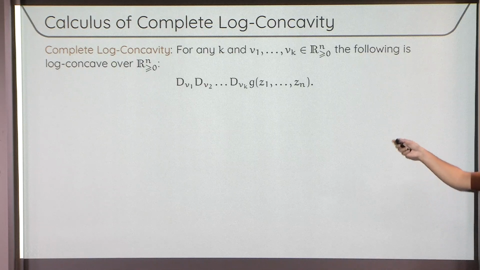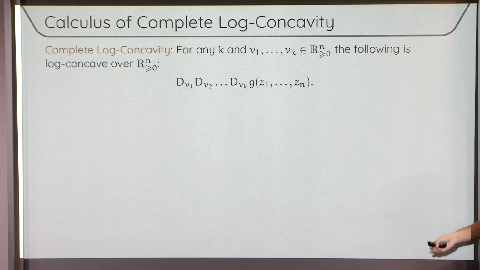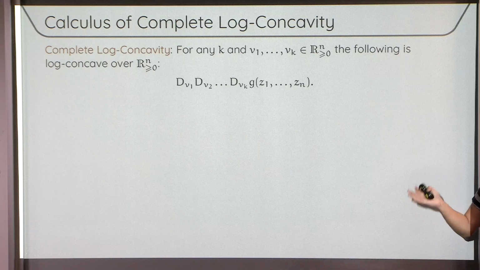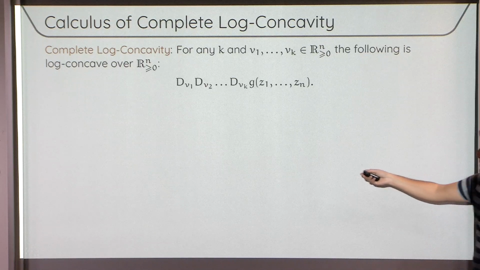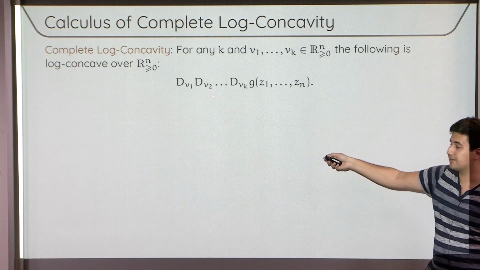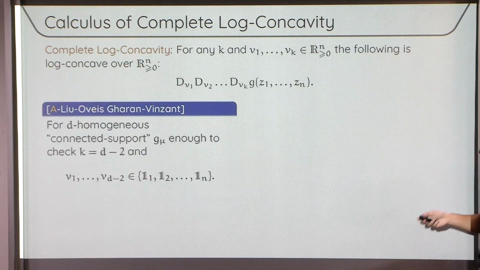Complete log-concavity, I've written the definition again here. You start from a polynomial, you take directional derivatives along positive directions, and you want the end result to be log-concave. As I mentioned, derivatives along all possible directions is not really necessary. You can only take directions along the standard basis, and as long as the end result is log-concave, you have this entire complete log-concavity.